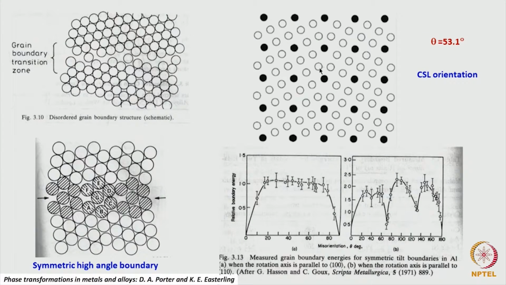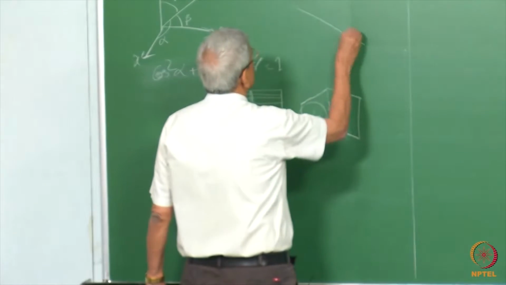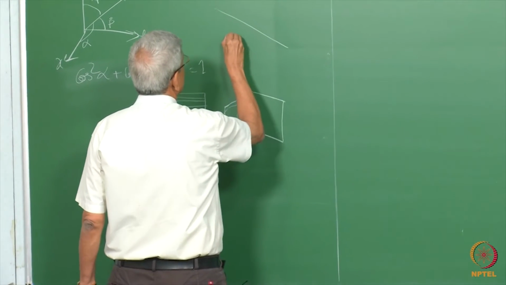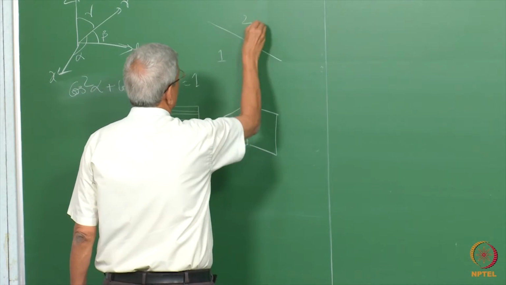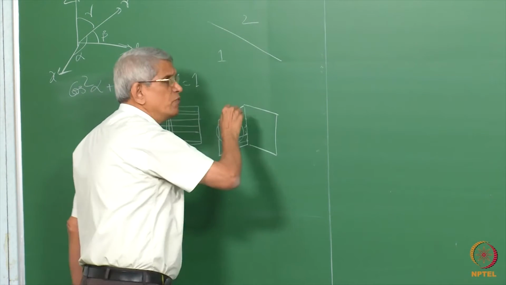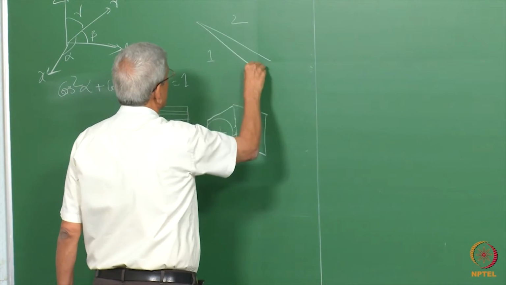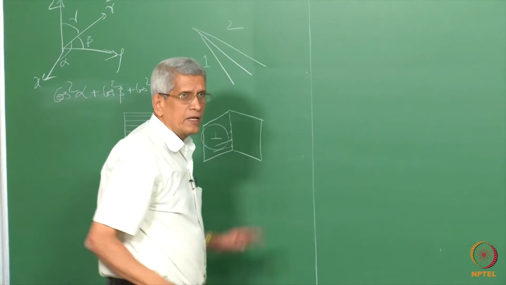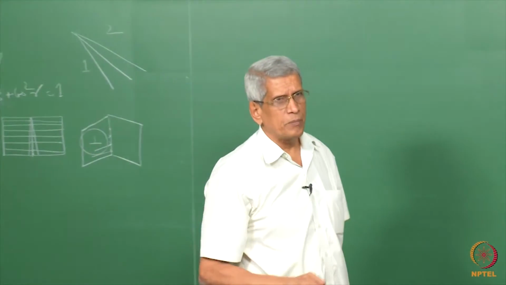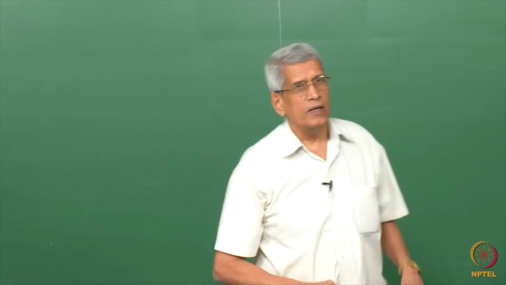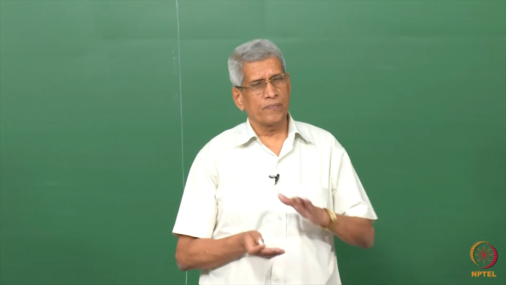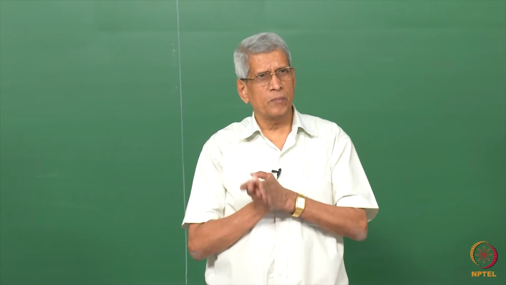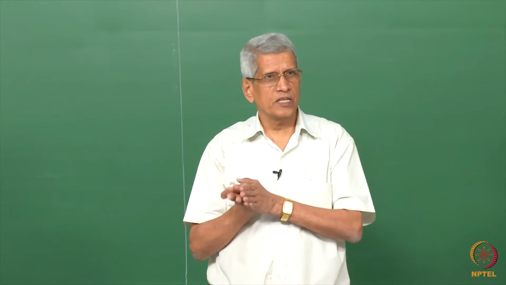That is, what we can see is that if we have two crystals, that is grain 1 and grain 2, we can have a grain boundary here or a boundary here or a boundary there, with different types of misorientation between them locally. When we choose them, depending upon the misorientation, the boundary energy can change.